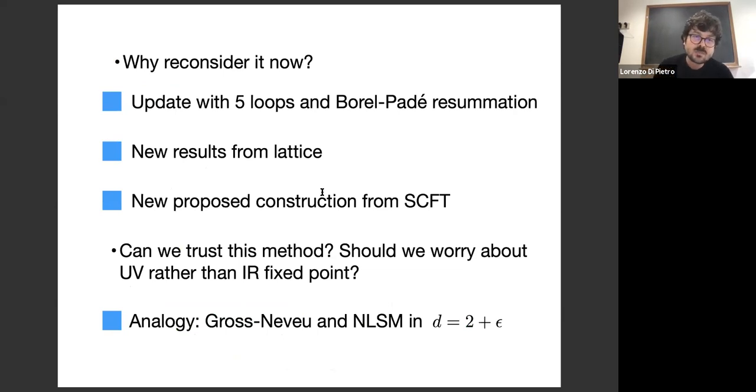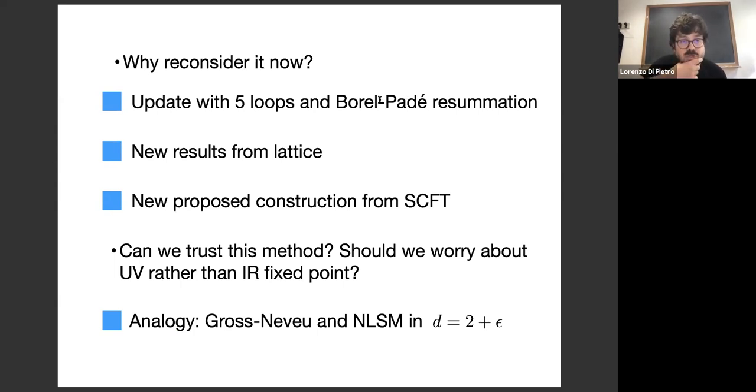So let me ask myself some questions. Why do we reconsider this problem now? There are basically 3 motivations. The first one is the obvious one, that we can update it with the 5-loop results, and also we can use a slightly more sophisticated resummation technique.